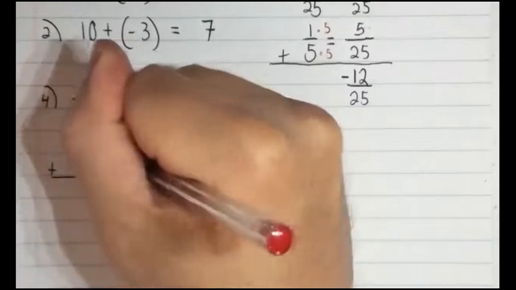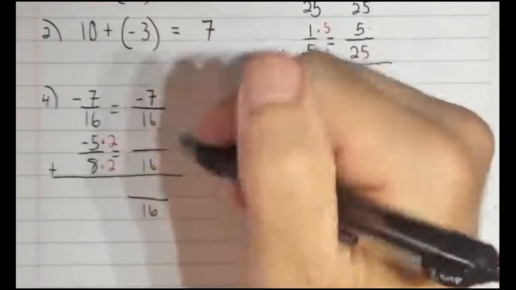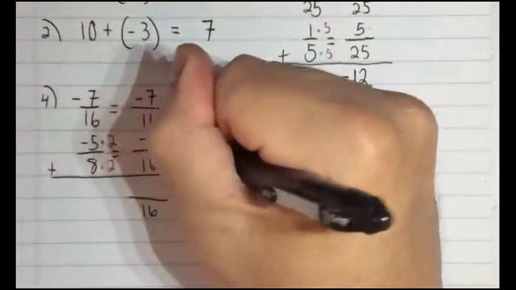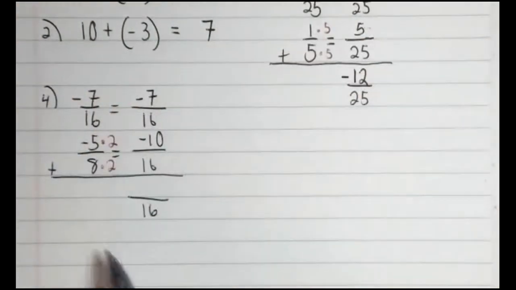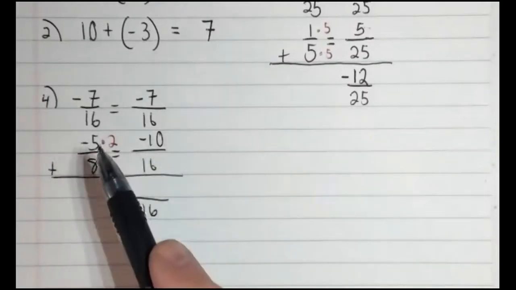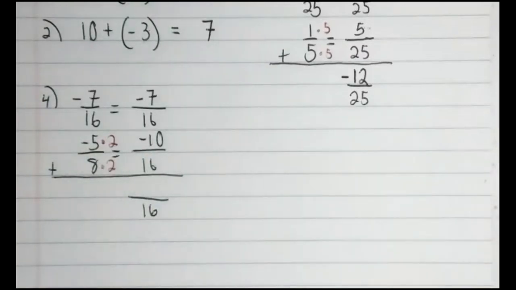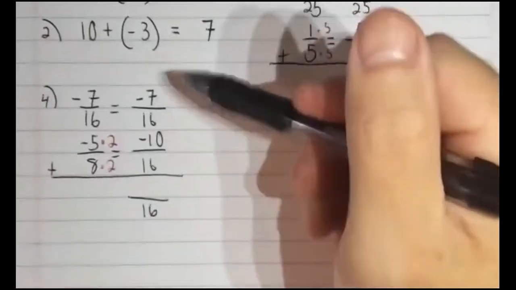I got to multiply by 2, multiply by 2. So negative 5 times 2. We'll talk about multiplying integers, but sometimes they expect you to know some things, and a negative 5 times a positive 2 gives me a negative 10.